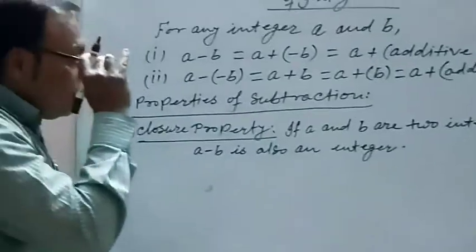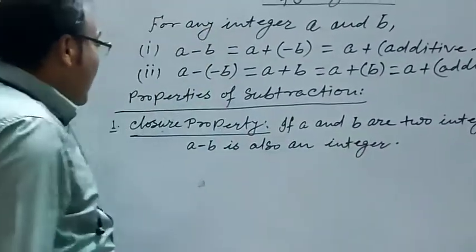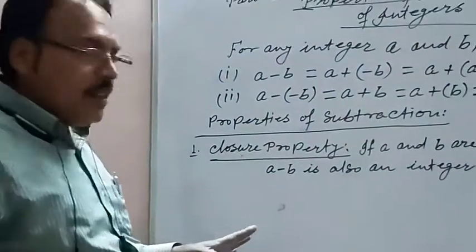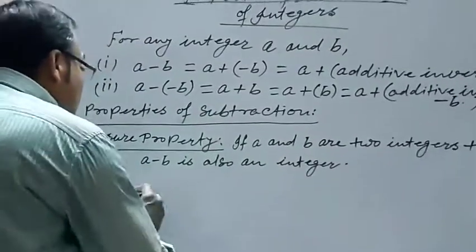Here we see that for subtraction the closure property is valid. How? Let us see through an example.